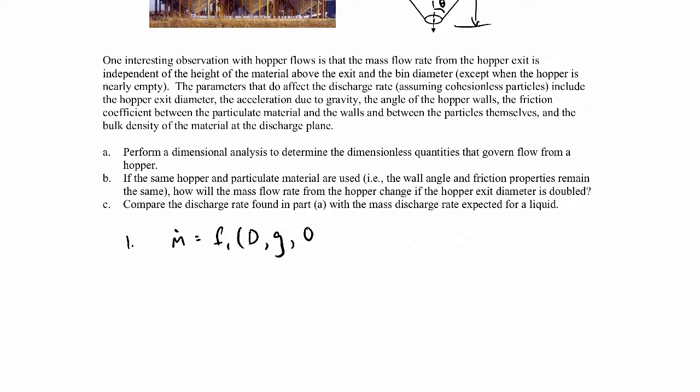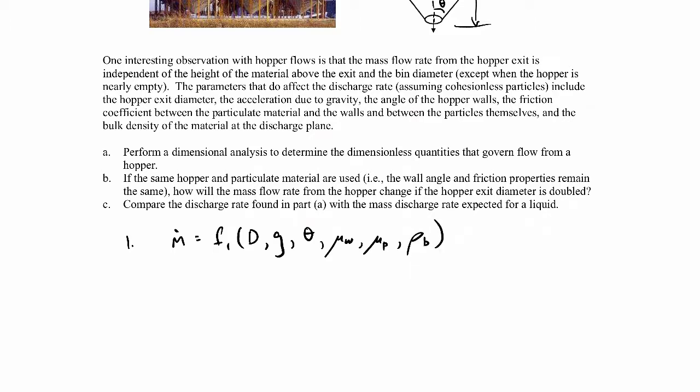The angle of the hopper walls, theta. The friction coefficient between the particulate material and the walls, mu W. The particle friction coefficient, mu P, for the friction between the particles themselves, and then the bulk density of the material at the exit plane, rho B.